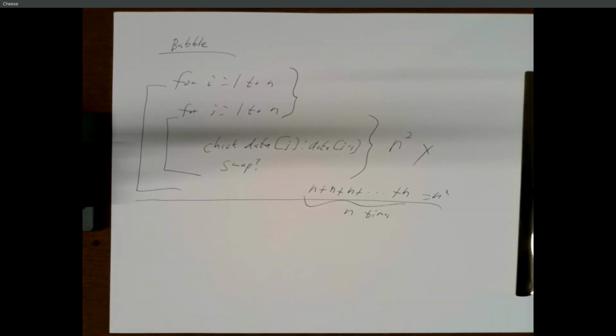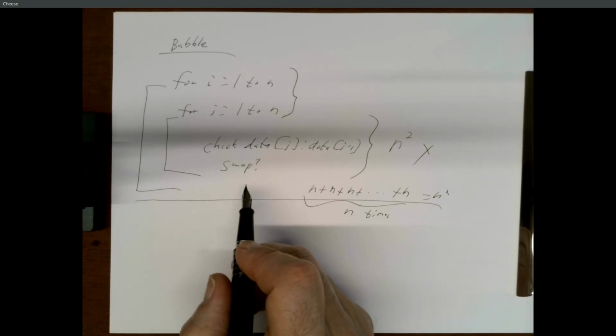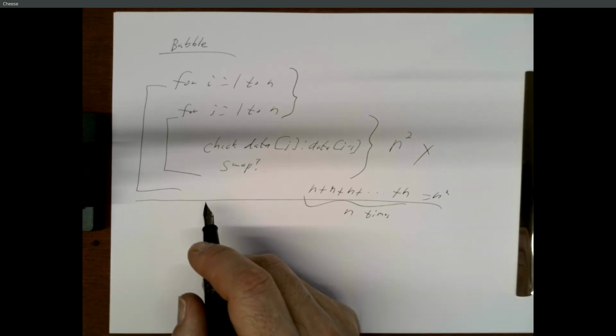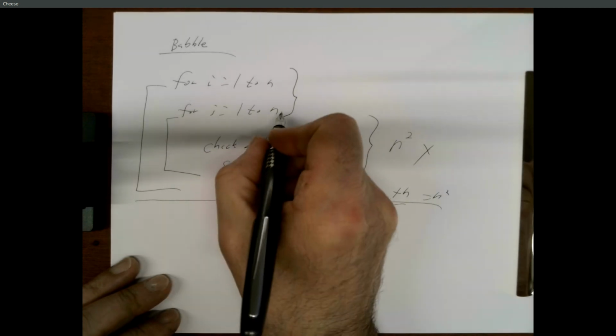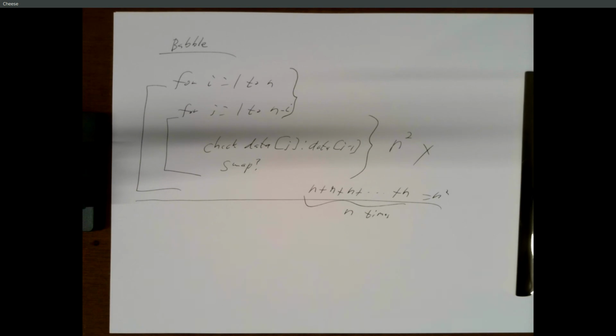But if we write a little more clever bubble sort, we know that each time we go through one of these passes, the last element of the array is going to be in the correct position. So each time we go through, we really only have to go from j equals 1 to maybe something like n minus i. Because once we've gone through 5 passes, we know the last 5 elements of the array are in the correct position.